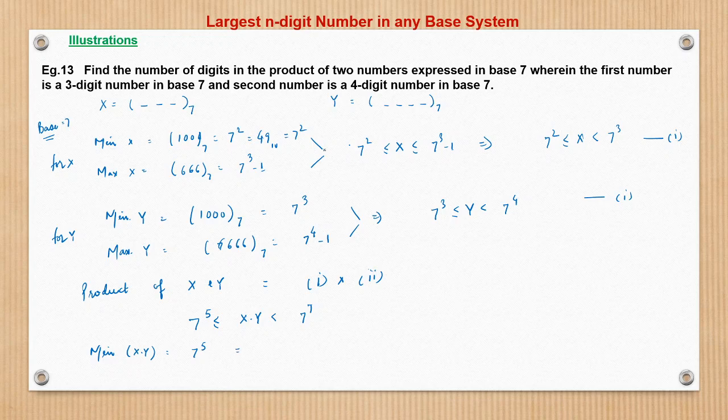This is in base 10. We have converted to base 10. If we convert it back to base 7, what would it be? 7 raised to power 5 we convert back. And maximum xy would be what? 7 raised to power 7 minus 1.